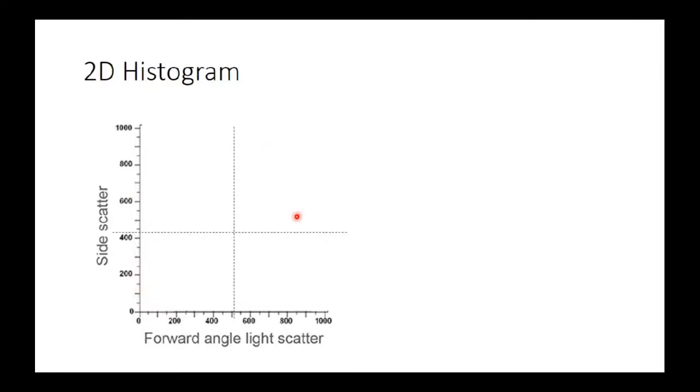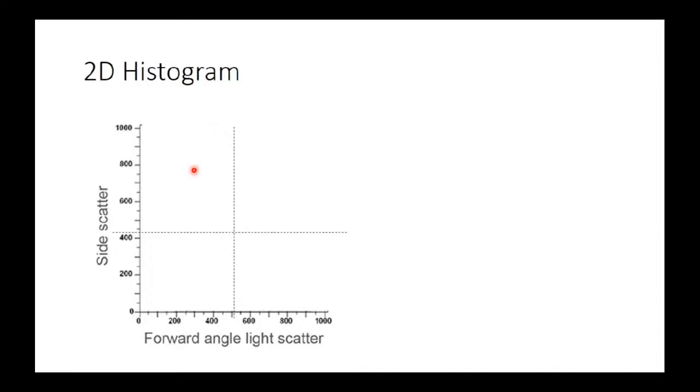If the cell appears in the upper half, it means that it gives a high signal on the side scatter detectors, so the cell is complex. If the cell appears on the right half, it means that the cell gives a high signal on the forward scatter, which means that the cell is big. And if the cell appears here, it means that the cell is small.